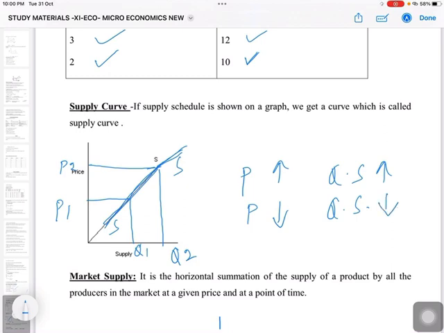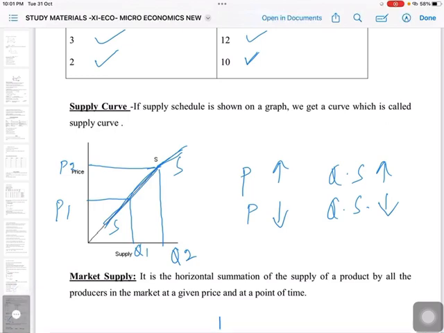That means there is a direct relationship between price of a commodity and its quantity supply. And this relationship between price and quantity supply is presented through law of supply. So this is all about your supply curve.